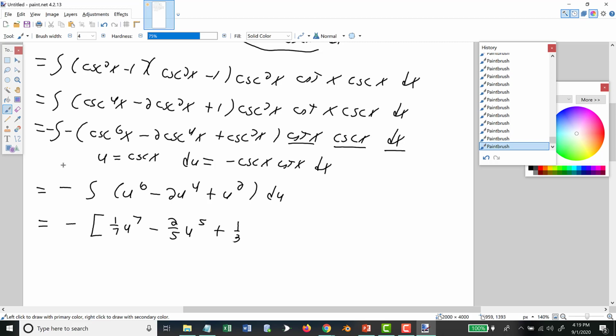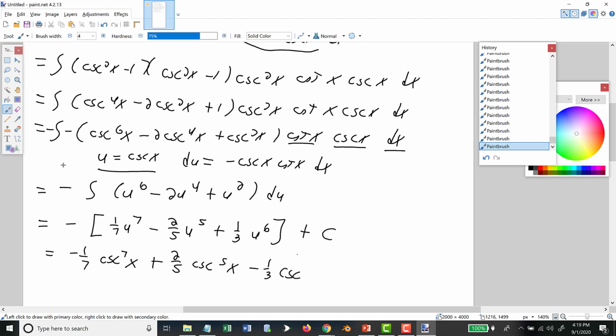Add 1 to my power, divide by my new power. That negative is going to flip the sign of everything, and I'll plug my u back in, which was cosecant. So I got negative 1/7 cosecant to the 7th power of x, plus 2/5 cosecant to the 5th power of x, minus 1/3 cosecant.